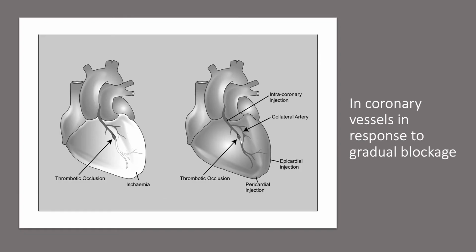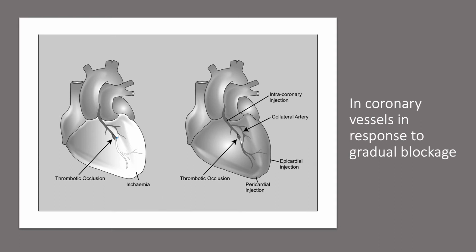Here's another very cool example of angiogenesis. Angiogenesis can occur in response to this slow, gradual occlusion. Remember, that's a blockage of our coronary vessels in the heart. So we can provide an alternative route to deliver blood to the heart itself. Over time, the heart can create its own bypass via angiogenesis.